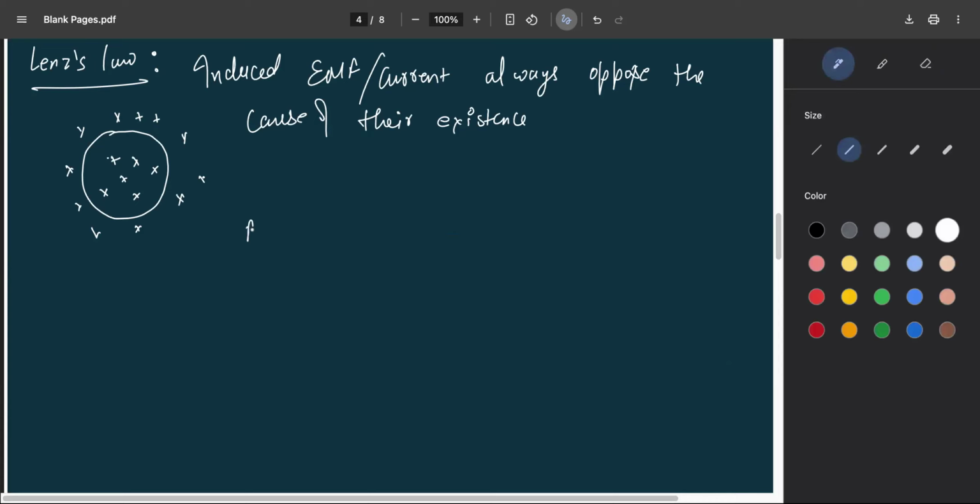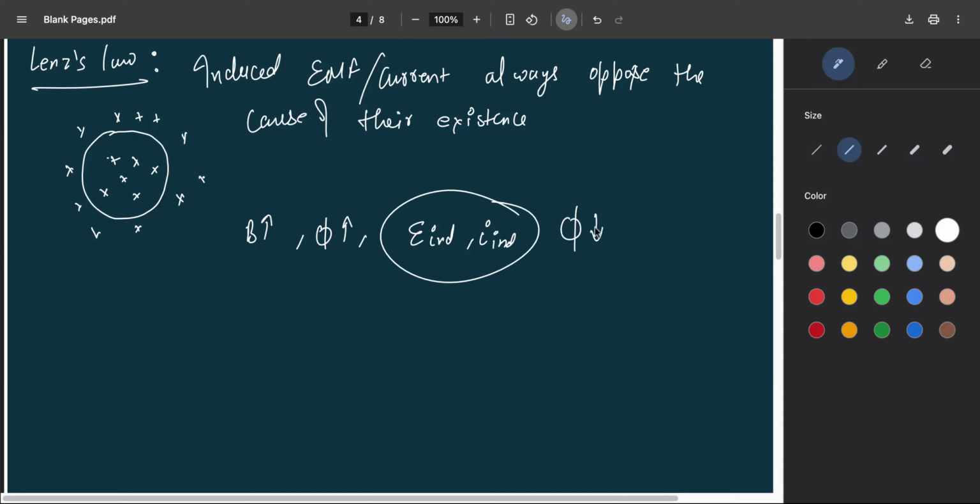So look, if the magnetic field in this loop is going to increase, can I say the flux is going to increase? Yes. What does this mean? Flux is increasing, so the induced EMF, or induced current, will be in such a way that it will make your flux go down. Clear?